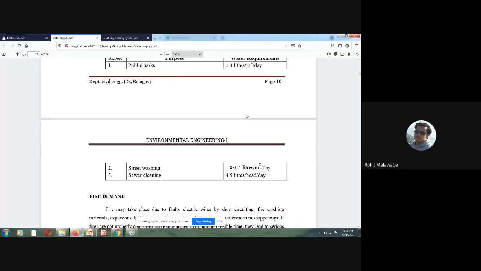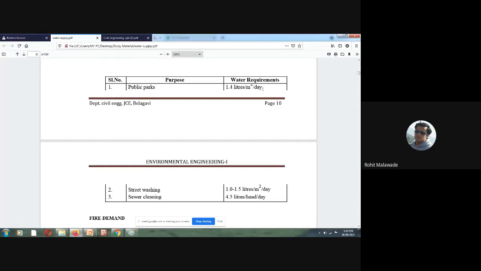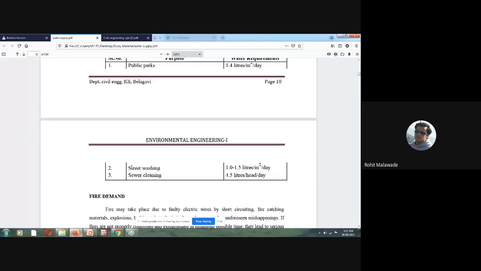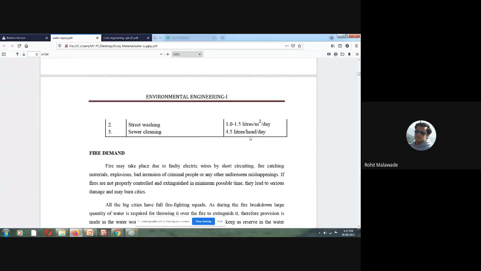And then street washing, we require around 1 to 1.5 liters per meter square per day. Then for sewer cleaning, we require around 4.5 liters per capita per day.